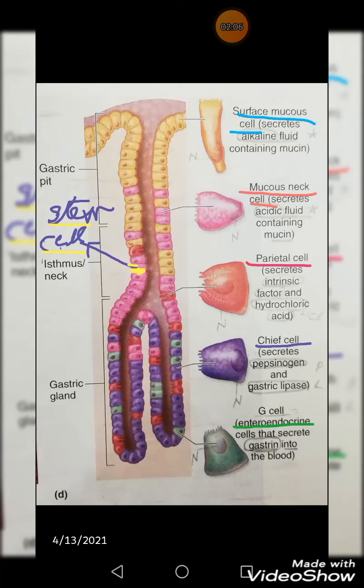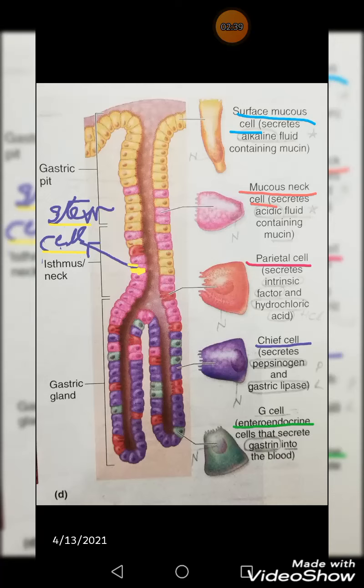You are looking that they are present predominantly in the isthmus and neck region of the fundic glands, along with the mucous neck cells, and occasionally at the base of the gland. How do they appear? They look rounded to pyramidal in shape, bulging towards the surrounding lamina propria, and hence they take the name parietal.